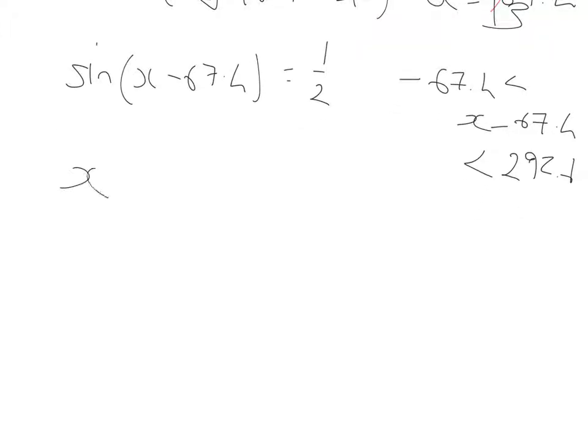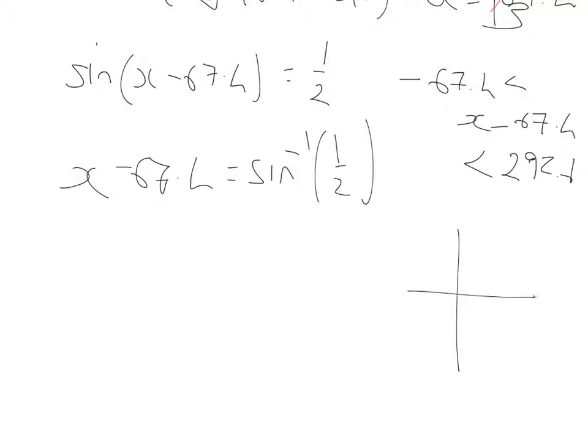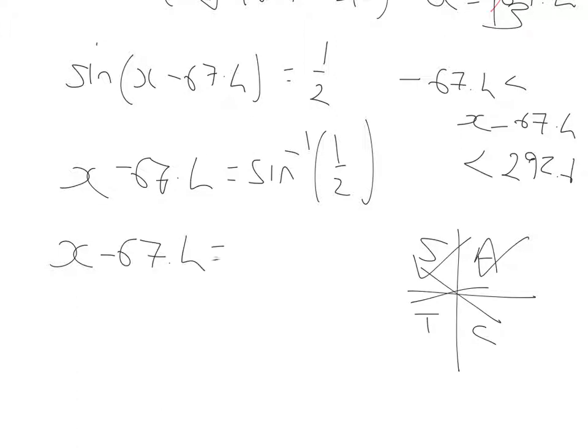So x minus 67.4 is equal to sin inverse 1/2, and I'll put up the CAST diagram. I'm going to bin that all in the same quadrant. So x minus 67.4, so sin inverse 1/2, that's 30 degrees.